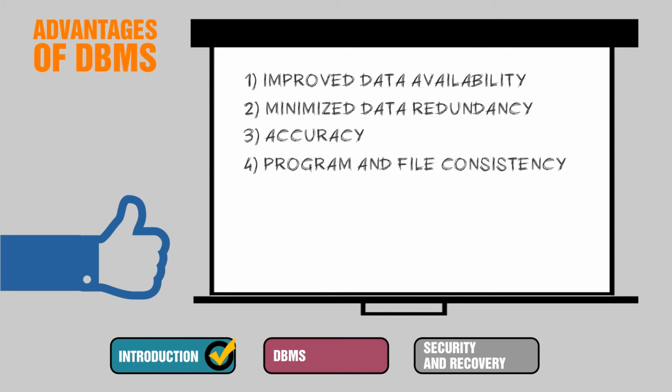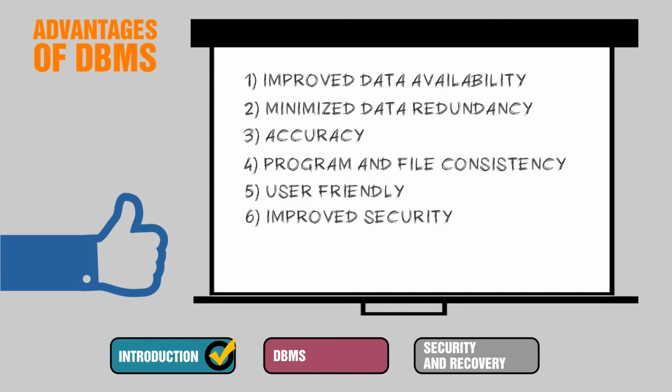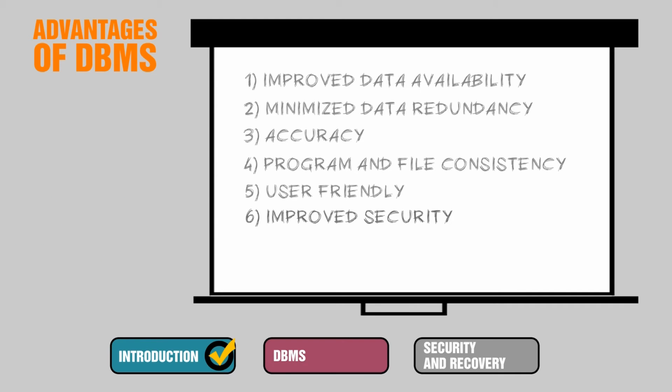A database management system standardizes program and file format and therefore ensures program and file consistency. Database management systems greatly reduce the reliance on computer experts for data management. They provide improved data security with features like password protection and user privileges to secure and restrict access.